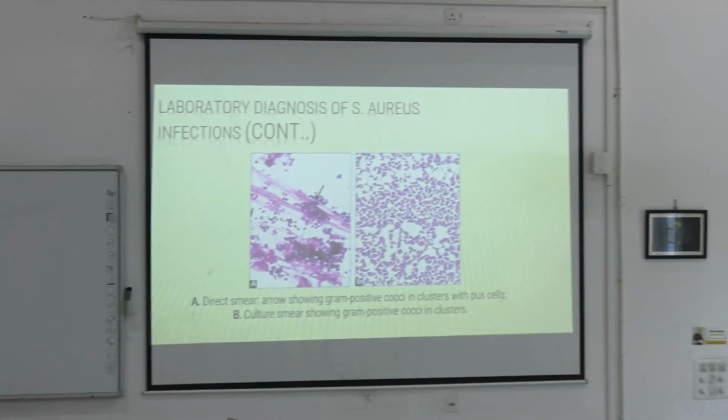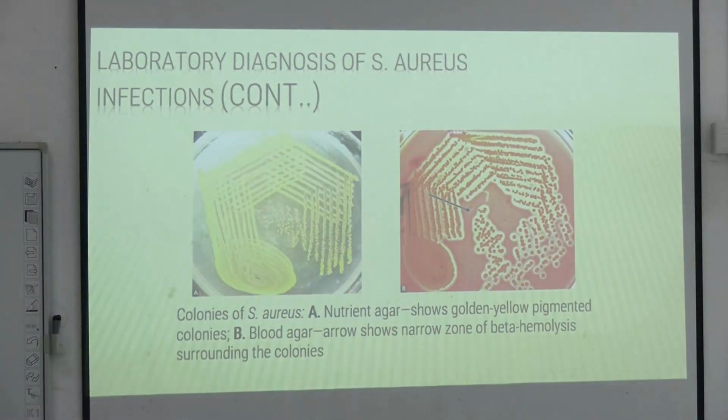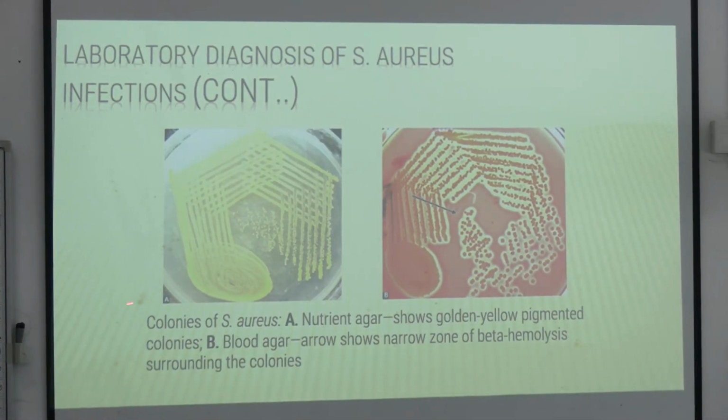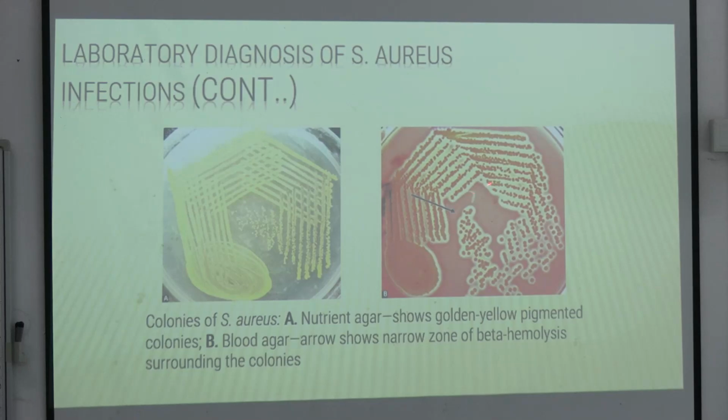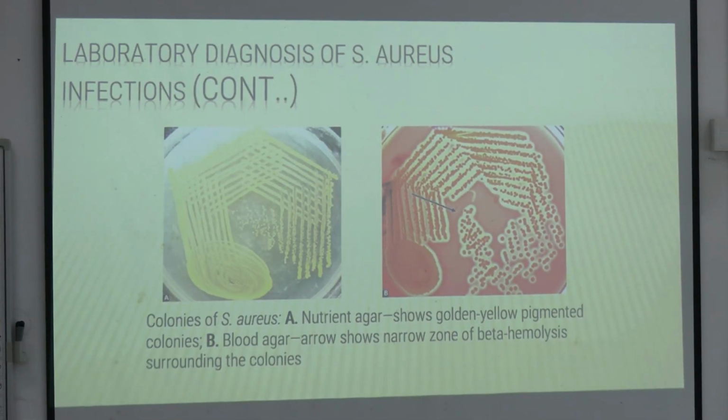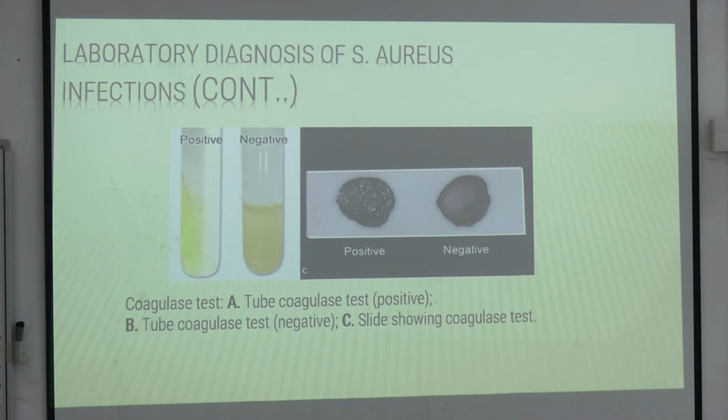So this is gram-positive cocci in clusters. This is golden yellow pigment in nutrient agar, and this is in the blood agar. There is hemolysis in the blood agar for Staphylococcus aureus, that would be beta hemolysis or complete hemolysis. Coagulase test: tube coagulase is positive and slide coagulase is also positive.